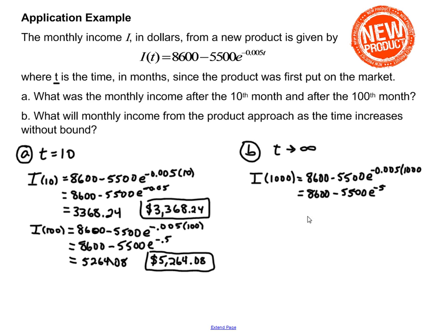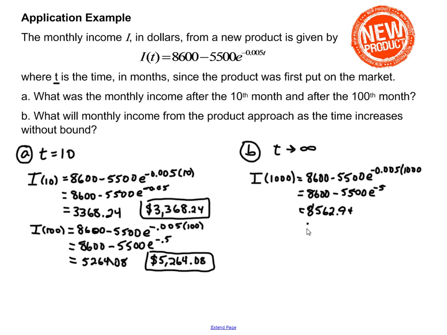And what does that number come to? Well, it comes to 8562.94. And if you continue increasing this, what's going to happen?